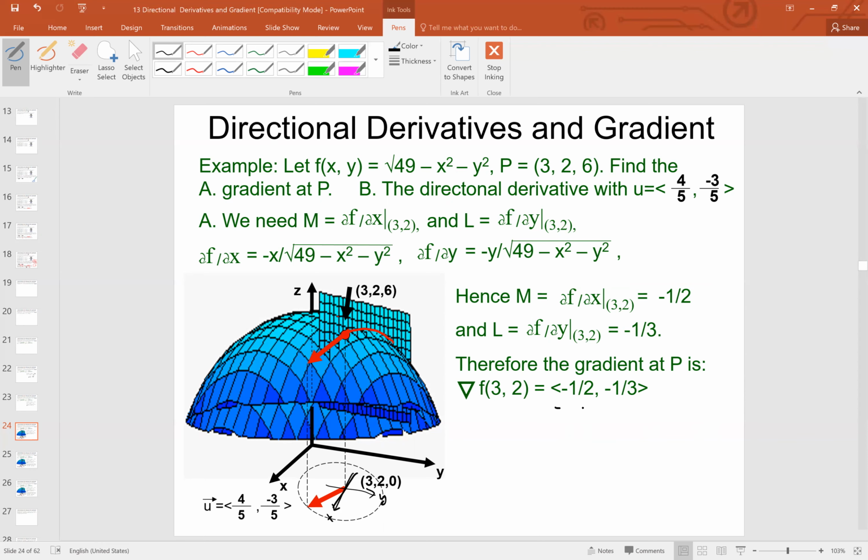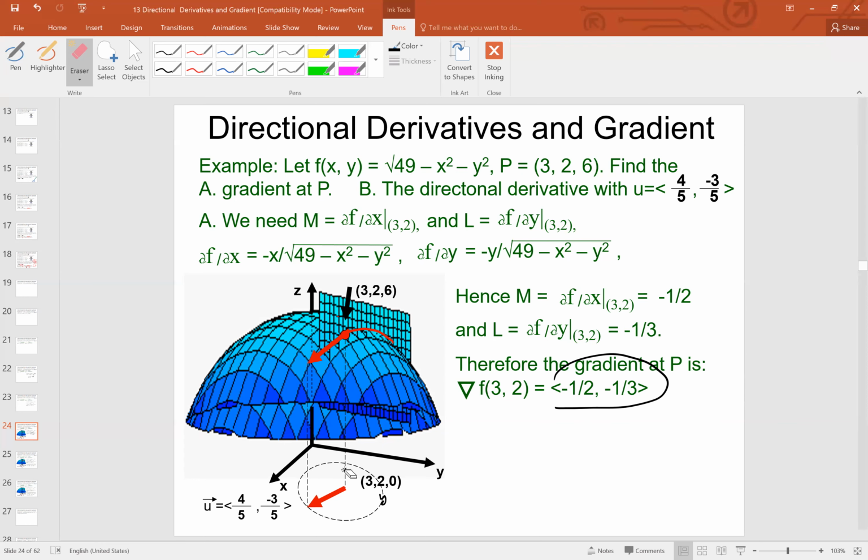So the gradient is pointing at x, y. Well, I have to be careful. Minus 1, minus 1/2, minus 1/3. So the directions. Oh, sorry, that's not the gradient. That's the u. The gradient is pointing something else. The gradient at minus 1/2, minus 1/3 is pointing in that direction.